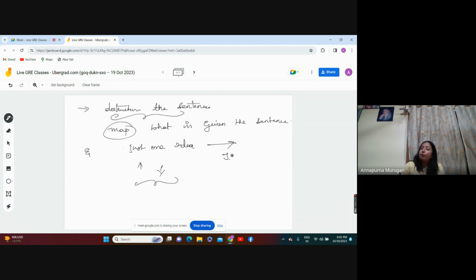First and foremost, transition words. Then we have punctuation marks like comma, colon, semicolon, hyphen. All of these are markers. These are the detour markers that we need to keep in mind.